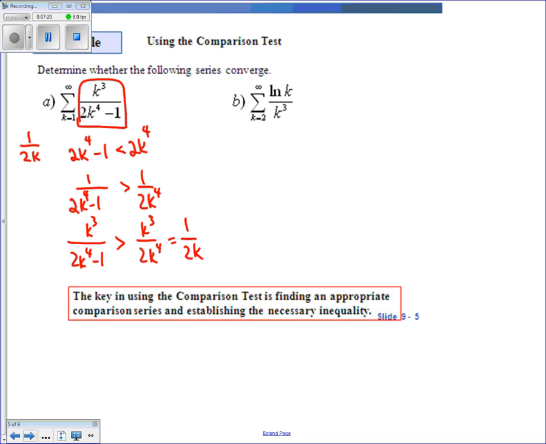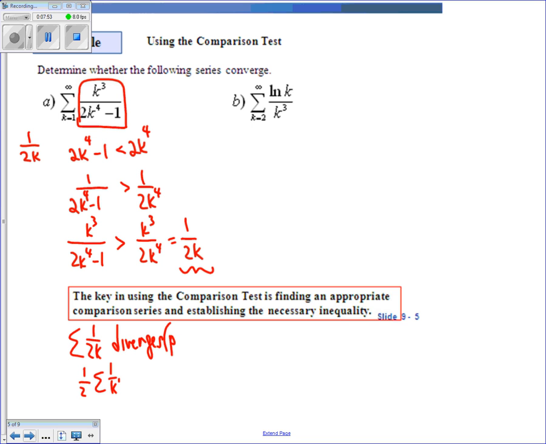Now, don't let the 1/2 of the 1 over k bother you, because if the sum of 1 over k diverges, a multiple of it is going to diverge as well. Taking half of something that's going to infinity is still going to go to infinity. So we can treat this as the harmonic series. So the series 1 over 2k diverges, since that is just 1/2 times the p series with p equal 1.